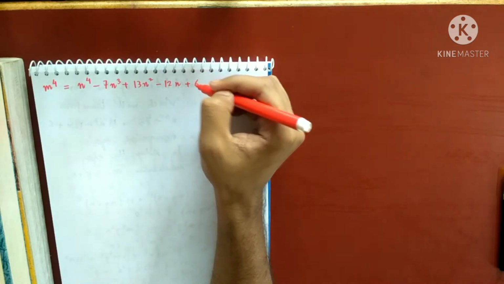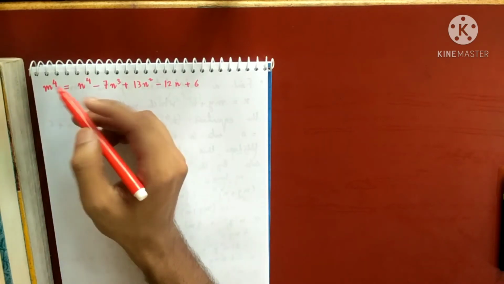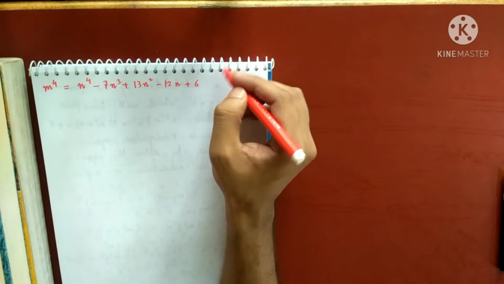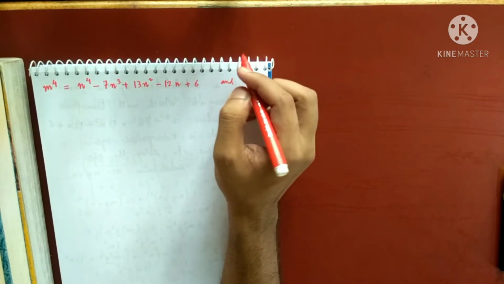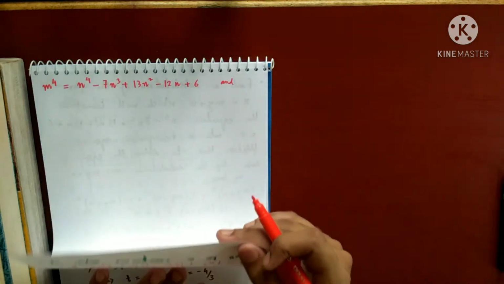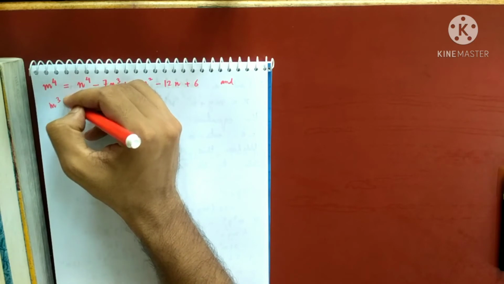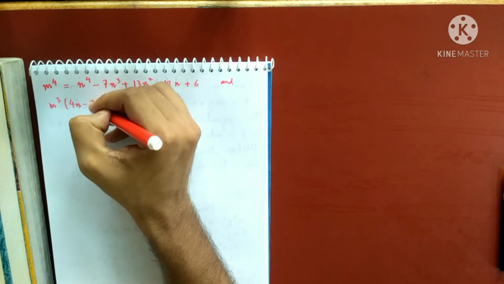Please check once. This is the last coefficient. So n to the power 4 minus 7n cube plus 13n square minus 12n plus 6. The first coefficient is same as the last coefficient, and the second coefficient, if I am not mistaken, is m cube 4n minus 7.